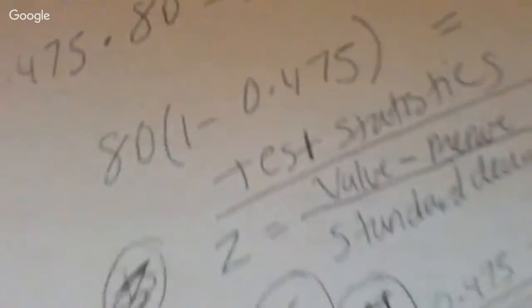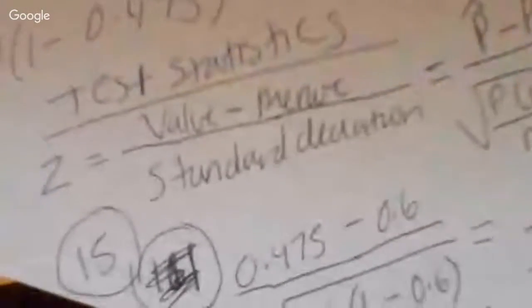I'm going to get off of Hangouts so that I can use Excel and help out. Okay. And then divide it by 80. Okay.